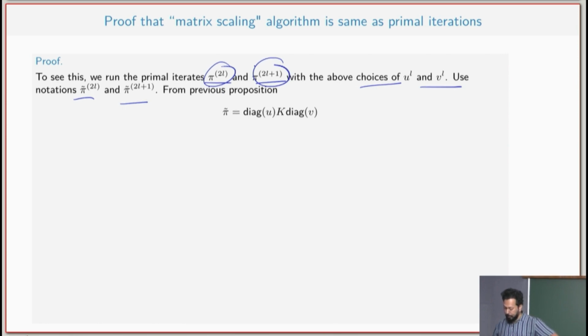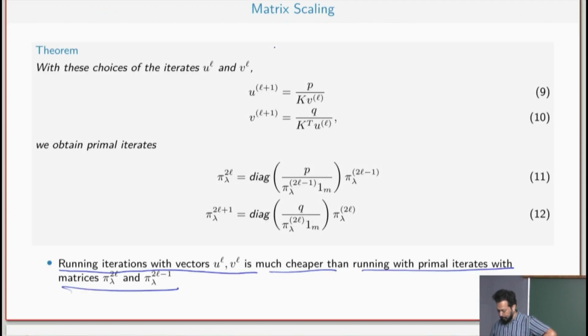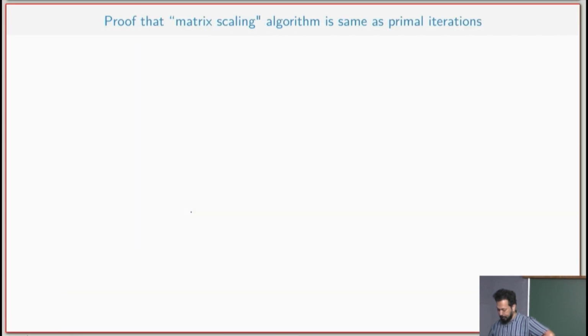We know that pi was defined in terms of diag(u) K diag(v). So what we are saying is, if we are proposing this u and v, what if we substitute those u and v here? Do I get the same update equations that I had for pi originally? Can I get this exact form of the even and odd iterates with these choices of u and v? So that's what we are claiming.